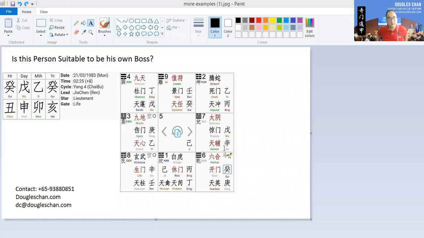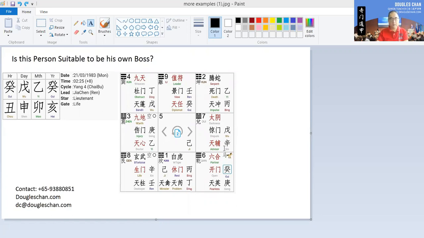As you can see from this case, this chart is of a person who was born on March 21, 1983. We have to look at two different aspects of the chart. The birth chart is able to tell us about his character, how he will behave, what he will do and what he will not do in a general sense.